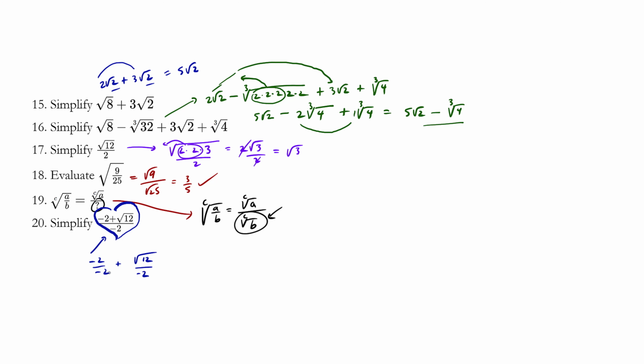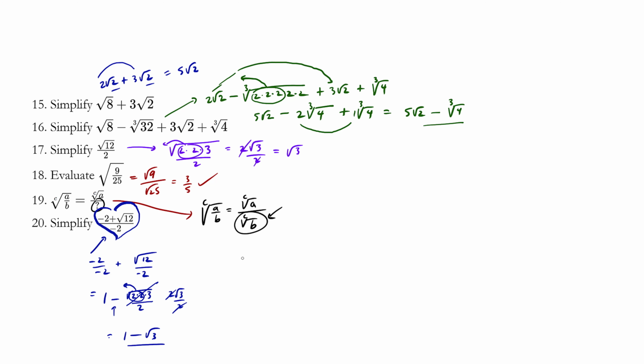So this here is the common denominator, 2. So this simplifies to be 1 minus root 12, which is the same thing as 2 times 3. One of these 2's come out. This is all over 2. So if you really want to cancel this out, this becomes 2 root 3 over 2, and the 2's cancel. So don't forget about the minus sign. The final answer is 1 minus root 3.